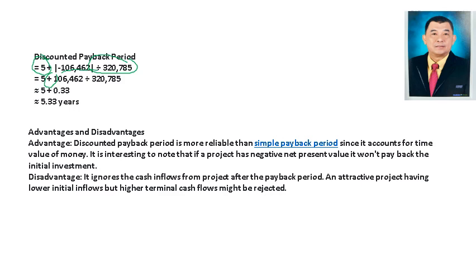So it gives you 5 plus 0.33, or that is 5.33 years. So your payback period is 5.33, or basically 5 years and let's say 3 months.